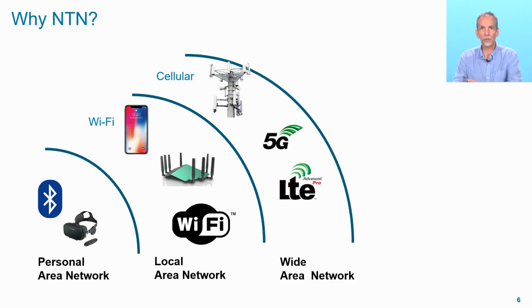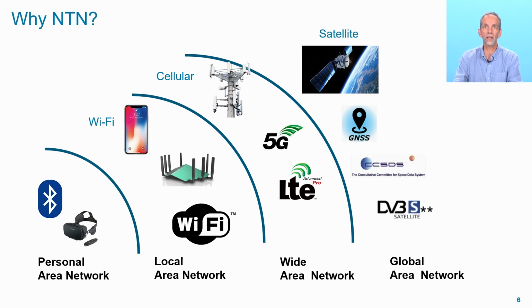A wide area network, which may cover a city, a metropolitan area. Cellular, 5G, LTE, those are the poster children applications there. And finally, for a global area network, satellites are involved. And we are seeing now that 5G also is involved in the global area network. And it will only become more so when 6G gets fielded in roughly 2029, 2030.